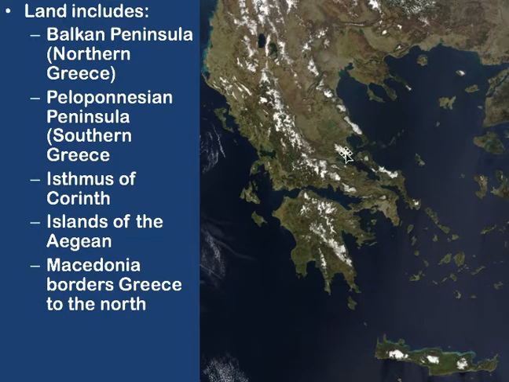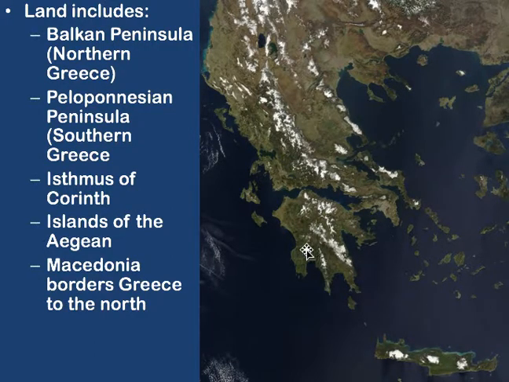So here we see the Balkan Peninsula is connected to the Peloponnesian Peninsula by this isthmus. Usually an isthmus acts as a bridge in between two bodies of water, which you can see here. So the Isthmus of Corinth is going to be a real important area of Greece since it connects the two.